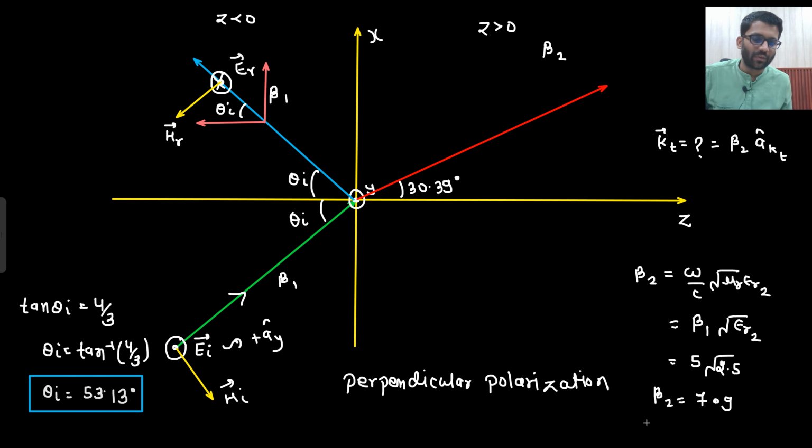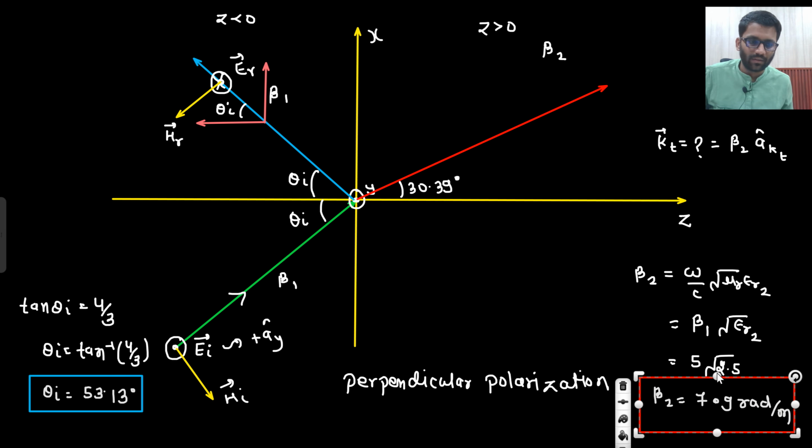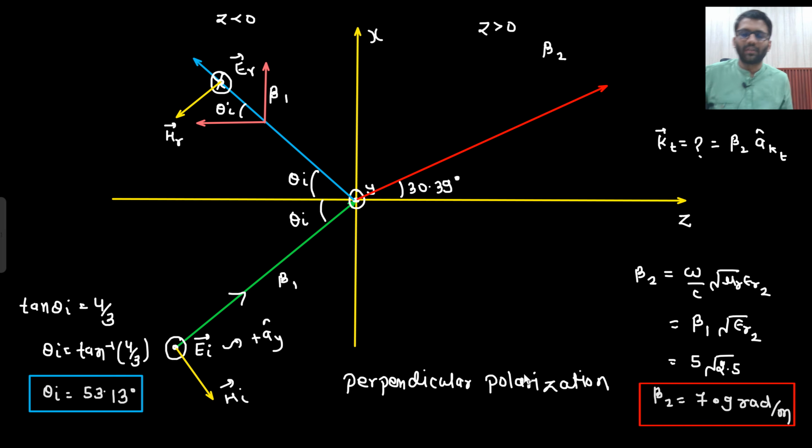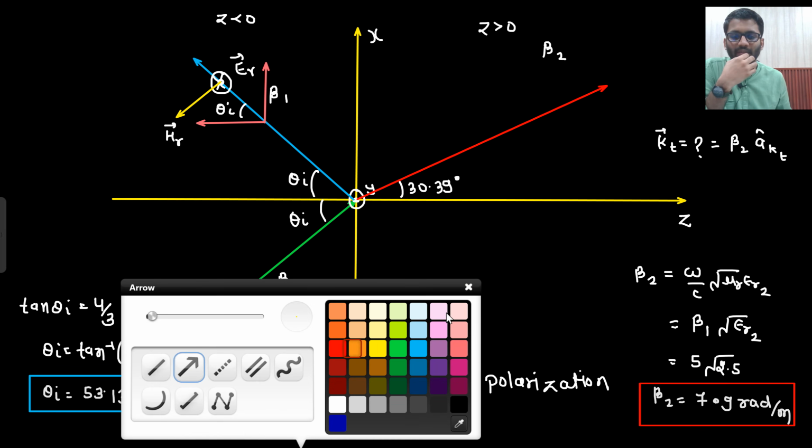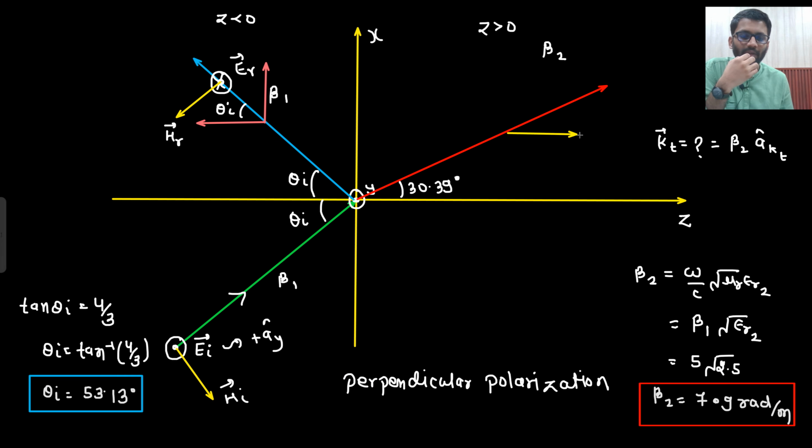So this was important to find. Let's write down the unit as well. Radian per meter. Okay, so that's the unit. Radian per meter. Now let's see the direction. So for the direction, what we need to do? This vector can be broken into two parts. One is this 30.39 degree and one is this.